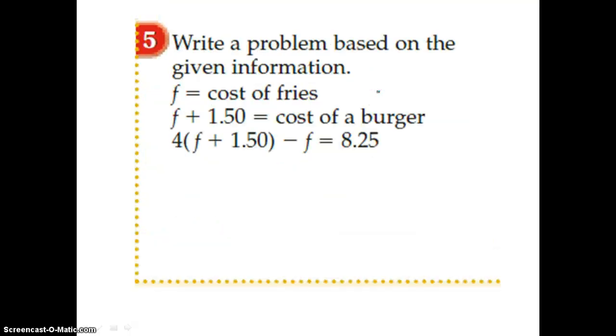Alright, how about writing a problem for this one? F is going to be the cost of the fries. F plus $1.50 is the cost of a burger, and your equation is listed there. Go ahead and write a word problem that would match that equation, and then go ahead and continue on so you can see the answer.